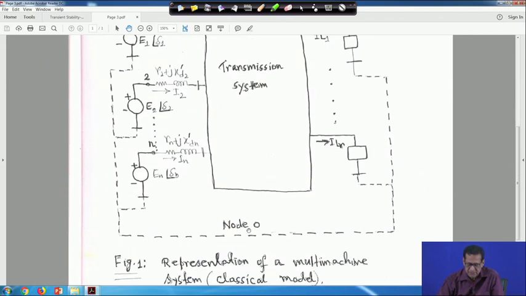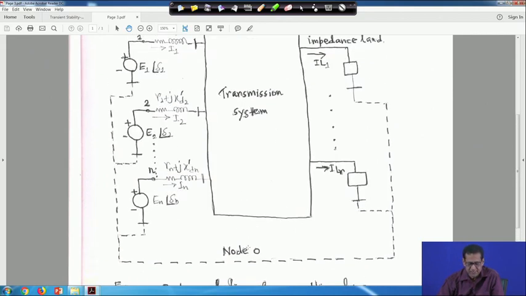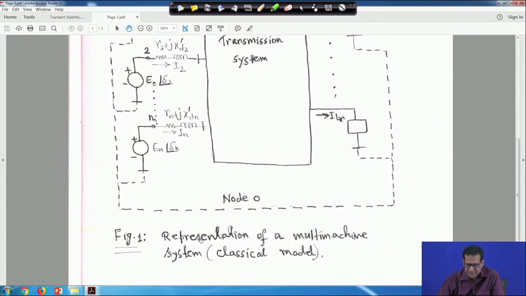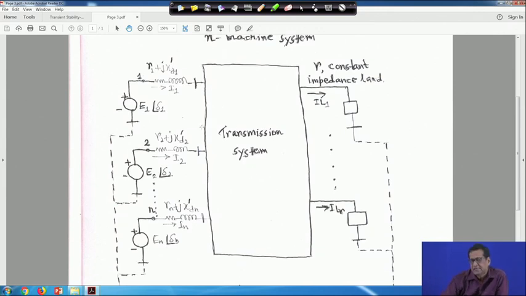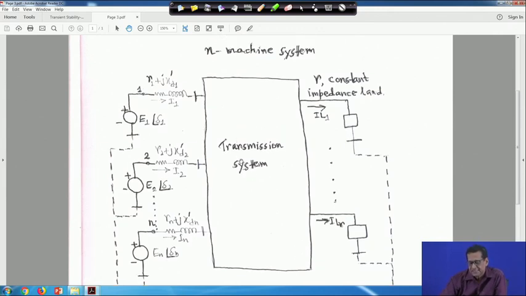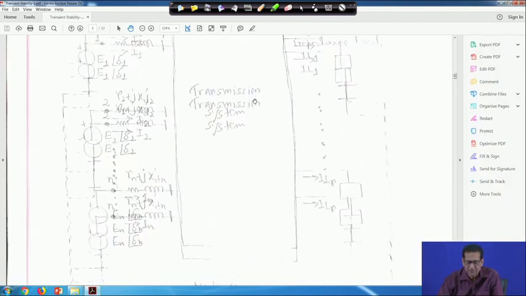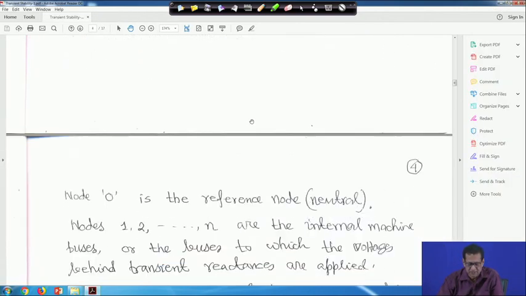This is node 0, which we call the reference node. This figure 1 is the representation of a multi-machine system, classical model. So, this way we can represent an n machine system. This figure was faint, that is why I showed the other one.